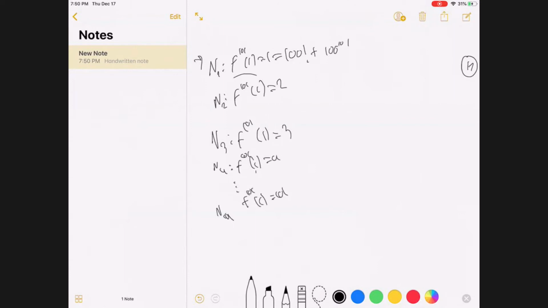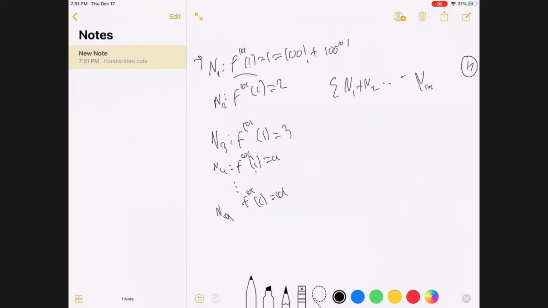And what do these all have to add up to? The sum of n1 plus n2 up to n101. Well, this is the number of graphs such that f to the 101 of 1 is 1, plus the number of graphs such that f to the 101 of 1 is 2, and then all the way. So this is just all graphs on 101 vertices.